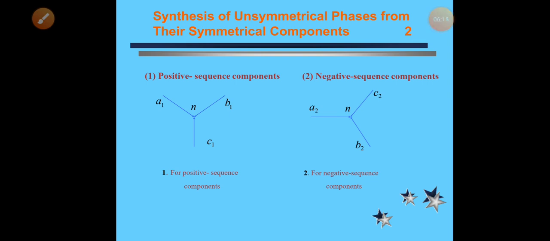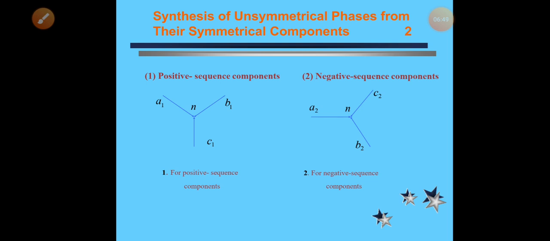Now, as per Fortescue's theorem, when we talk about the synthesis of unsymmetrical phasors from their symmetrical components, three unbalanced phasors of a three-phase system can be resolved into three balanced systems of phasors.